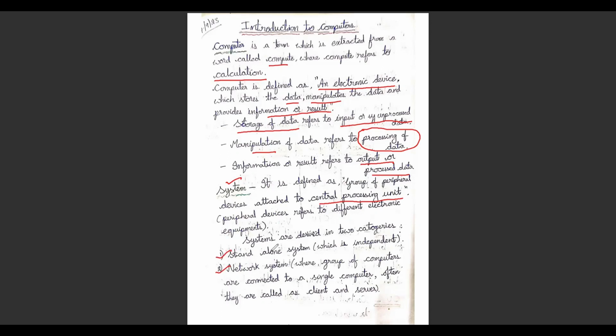The name itself suggests that a standalone system is independent, which means no other system is connected to that system. For example, the desktops we use in our homes are standalone systems. Coming to network system, there are multiple computers connected to a single computer. This is often called the concept of client and server.